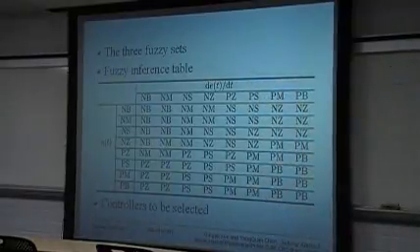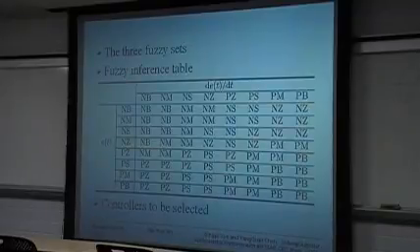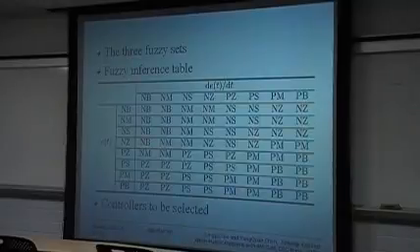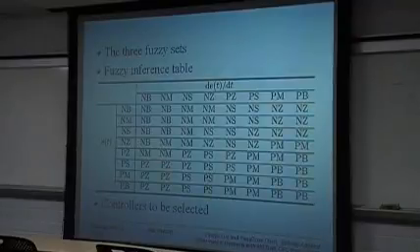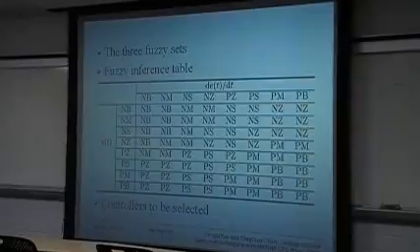I think you may read this kind of fuzzy inference table later on yourself. This one comes from an existing paper. I didn't write the citations for it, but it should be correct in real applications. And you may find this kind of table in different literature.